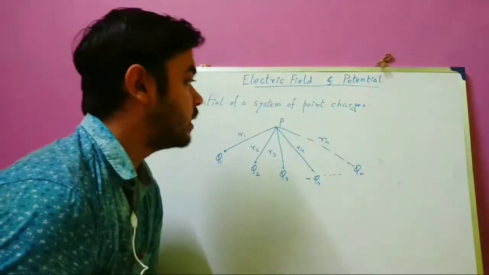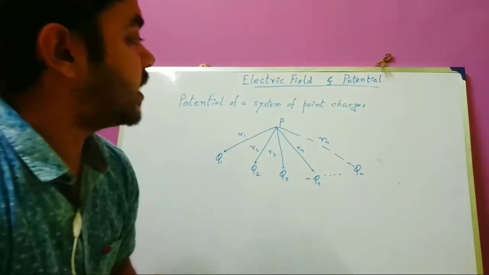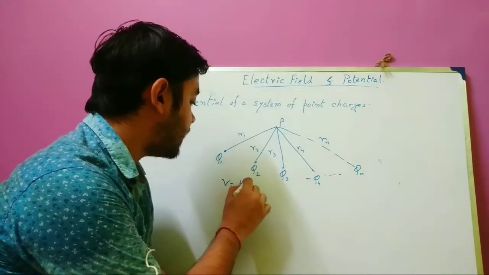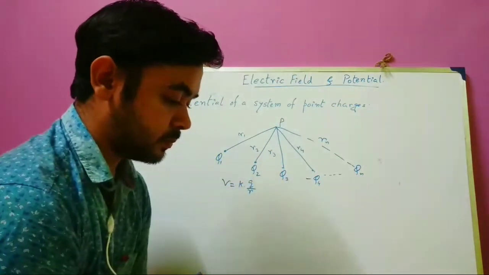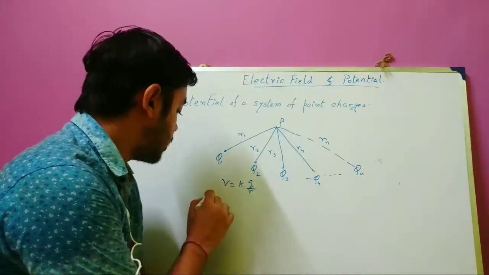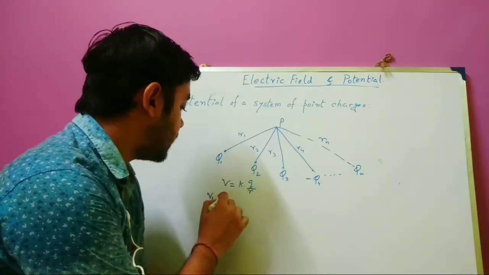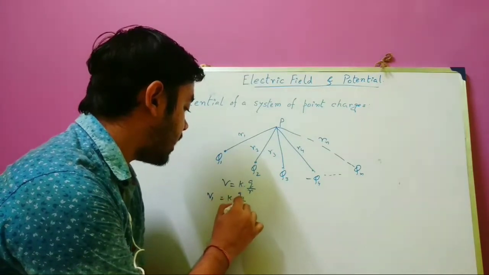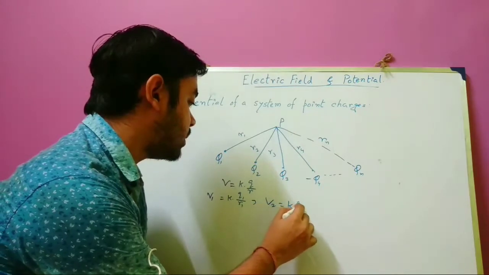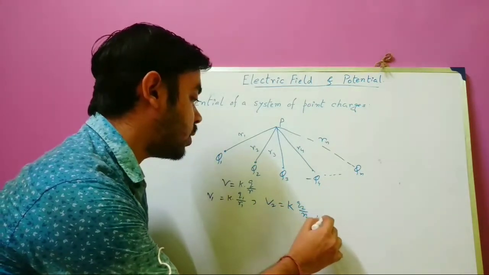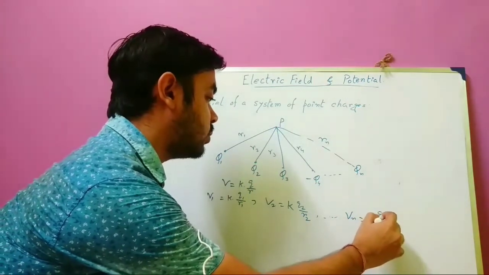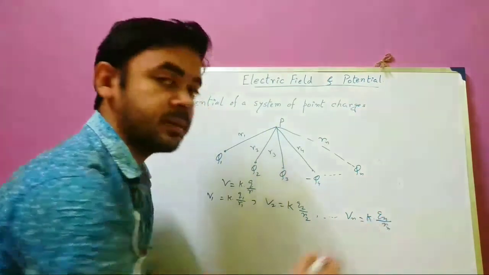Okay, so according to the formula of electric potential, the electric potential is given by V equal to K into Q by R, right? So V1 will be K into Q1 by R1, V2 will be K into Q2 by R2 and so on, and Vn will be K into Qn by Rn.